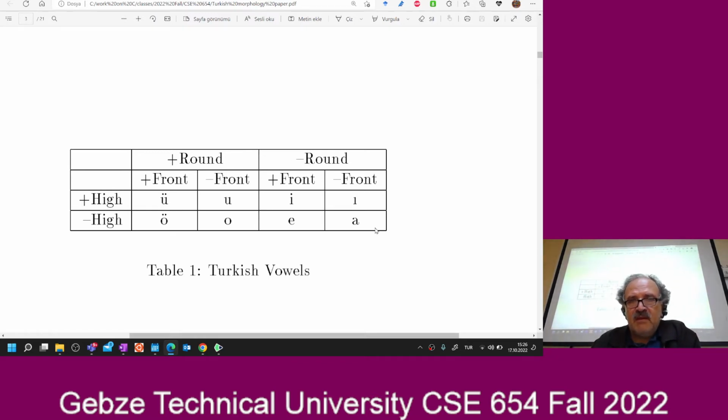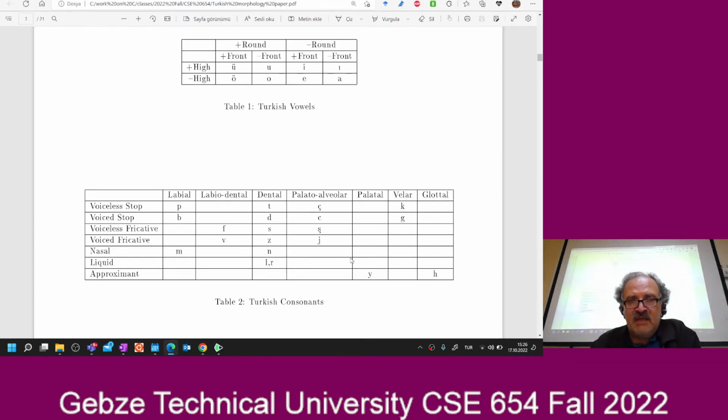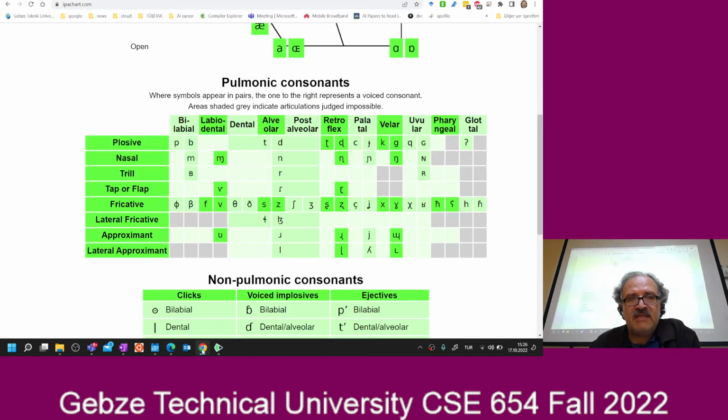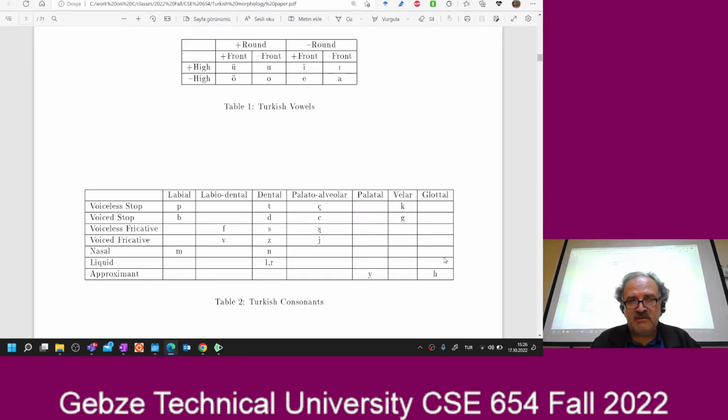For the A, the front and the high part should be low and your mouth should be open. Out of all these voices, we are using only a subset of it. Of course, the number of voices that we are using is more than the number of letters that we have. And you can find them in here, right?